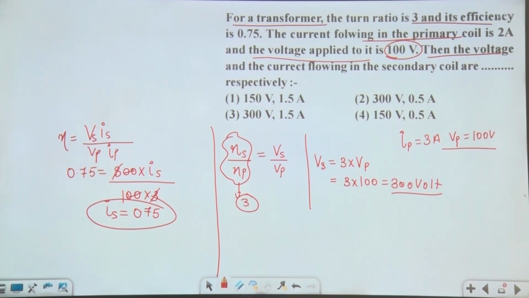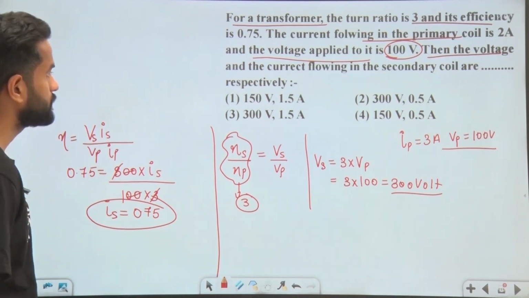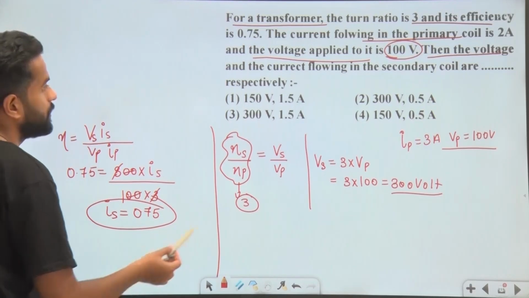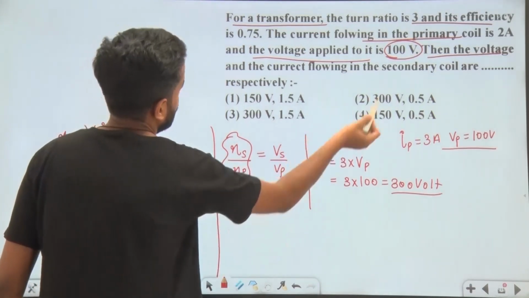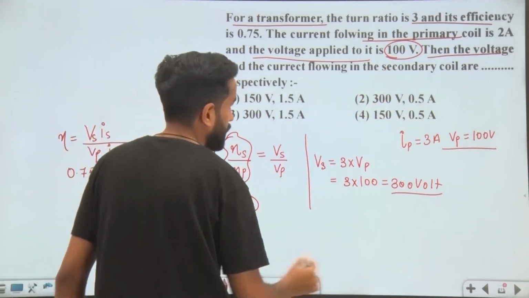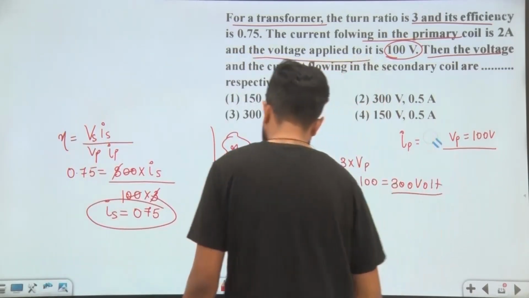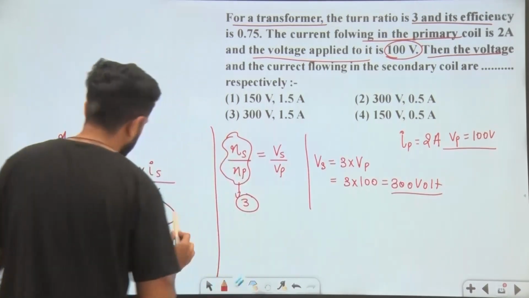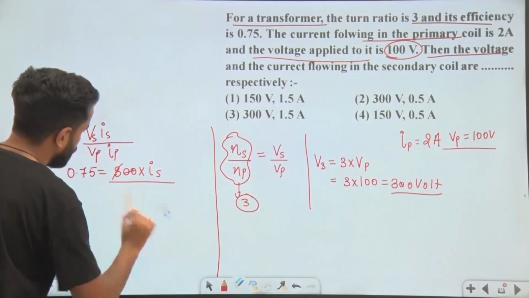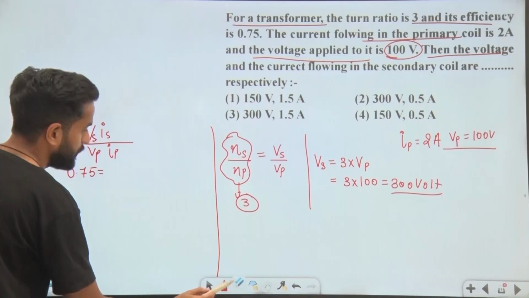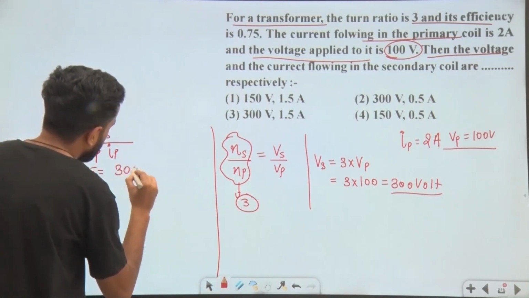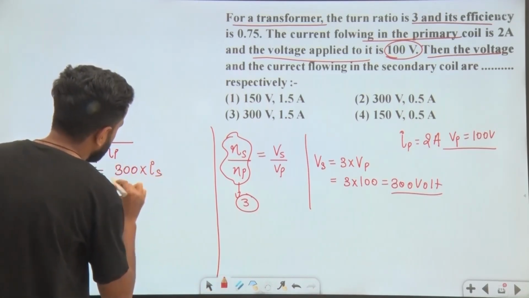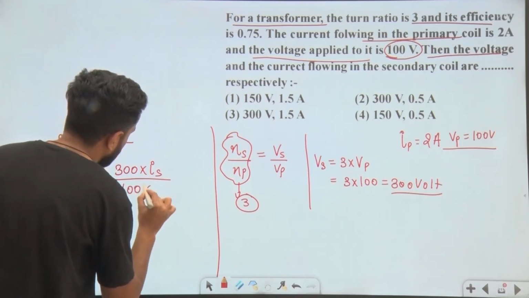Okay. Current in the primary coil is 2 ampere. So this ratio will be 300 multiplied by Is divided by 100 into 2.